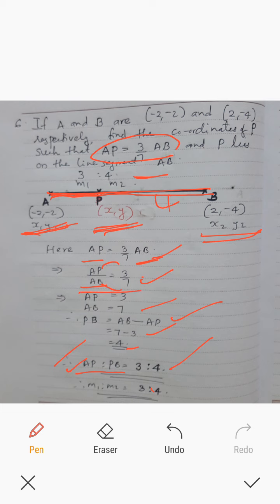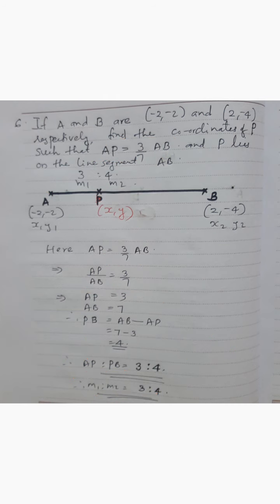From that, we got AP is to PB equal to 3 by 4. That is m1 is to m2 equal to 3 by 4. Now the first end point is given, the second end point is given, and the ratio of division is also given as 3:4. Now we can do the problem normally as we did before.